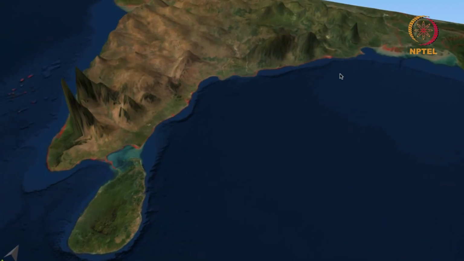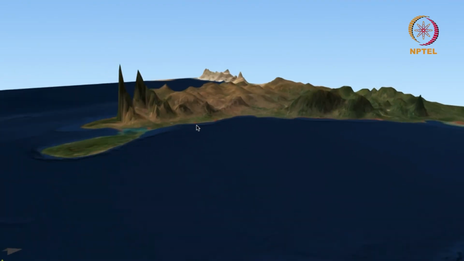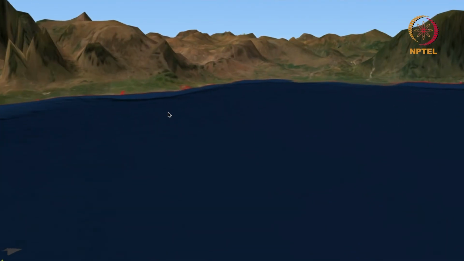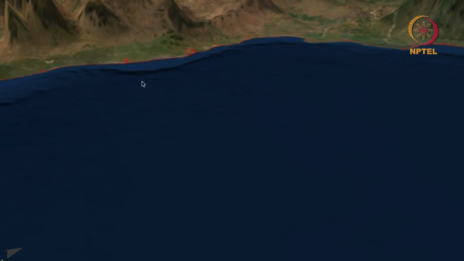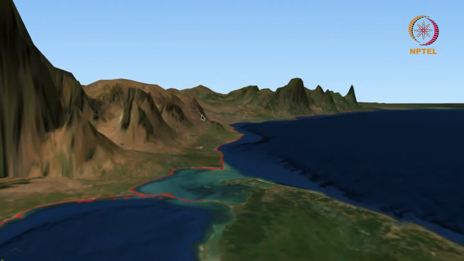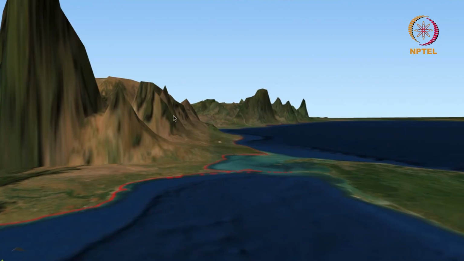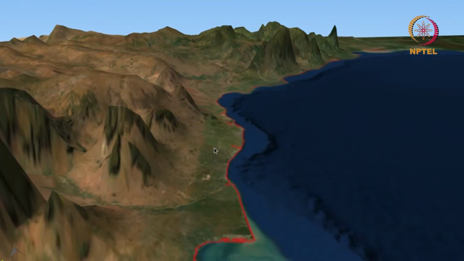So we do not have a large number of ups and downs in these areas. They are pretty flat, like this. So unlike the eastern and the western Ghats, which are very high, these areas are more or less flat.